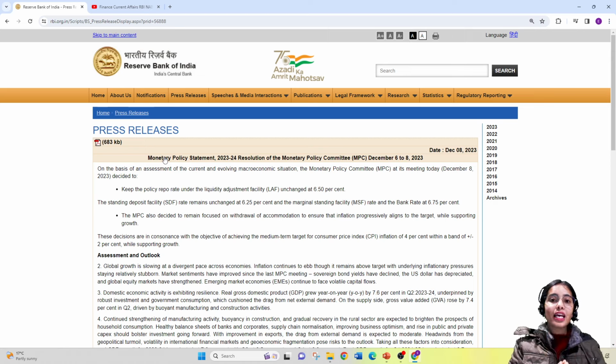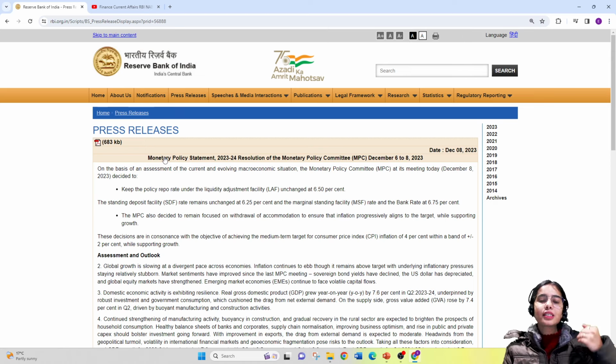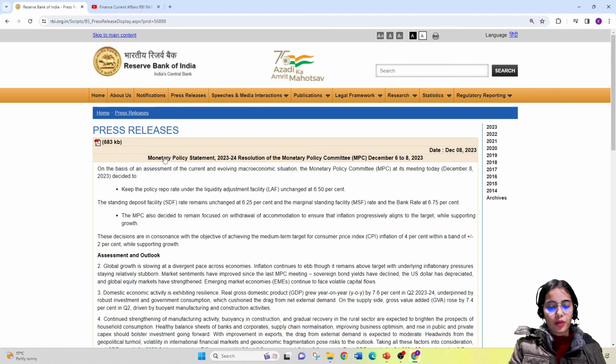This is very, very helpful for you in descriptive answer writing, because it builds an understanding of how the economy is fighting against the problems, how the economy is remaining resilient, what problems are coming in front of the economy, and what steps are taken by the RBI. Okay, so that's why this monetary policy statement, whenever it is released after every 2 months, also remains important.